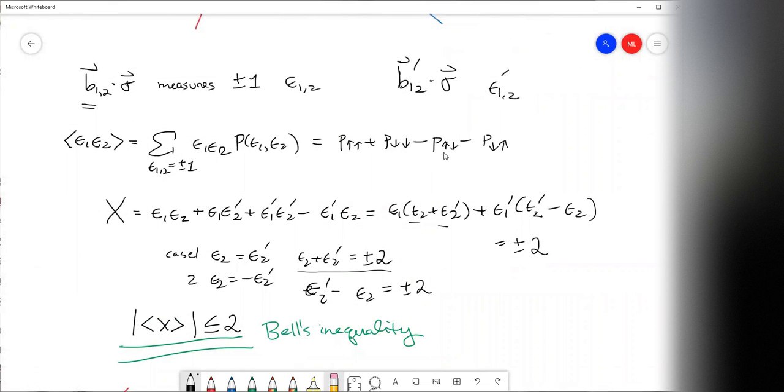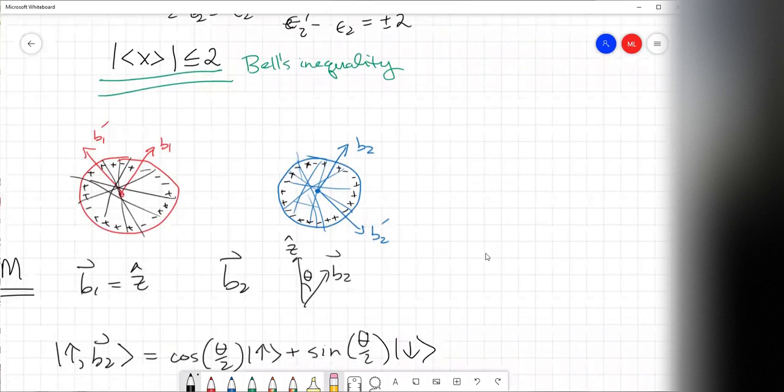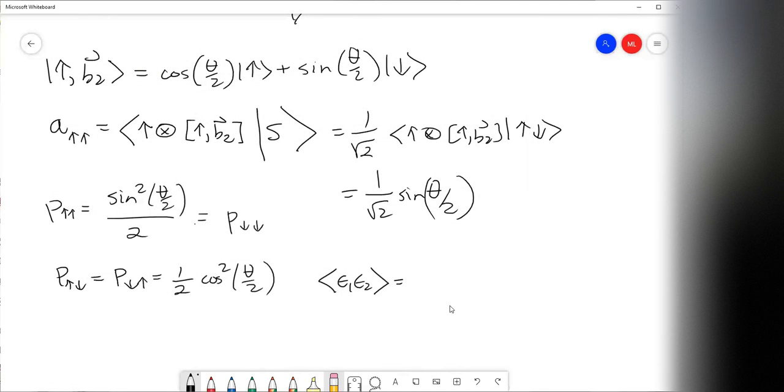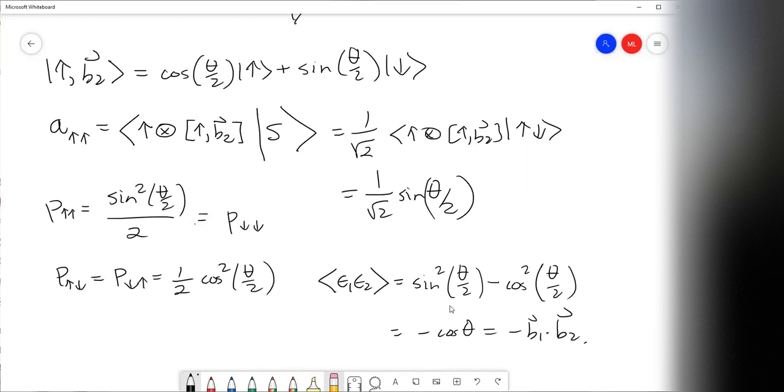Up, up, plus down, down, minus up, down, this guy. In quantum mechanics, that quantity is just going to be sine squared theta over 2 minus cosine squared theta over 2, which, using a trig identity, is minus cosine theta, which is minus b1 dot b2.